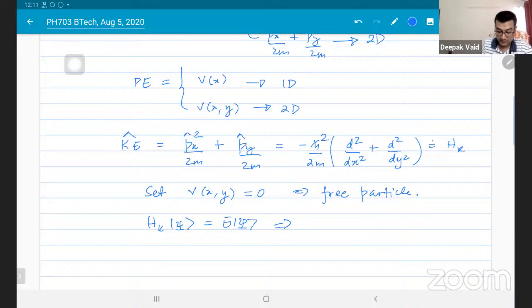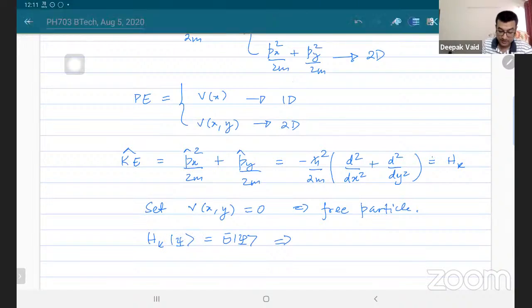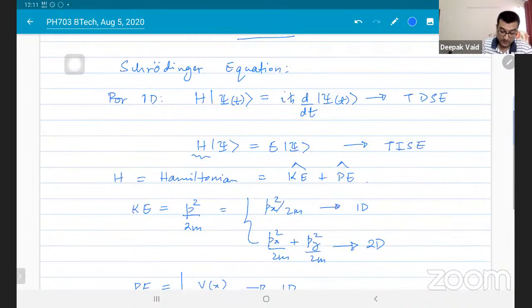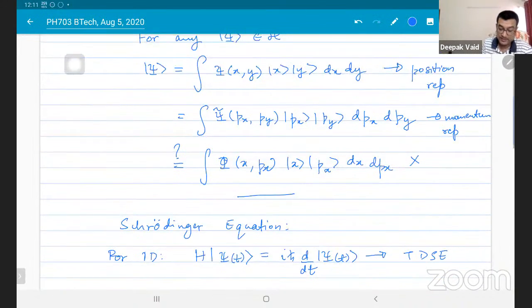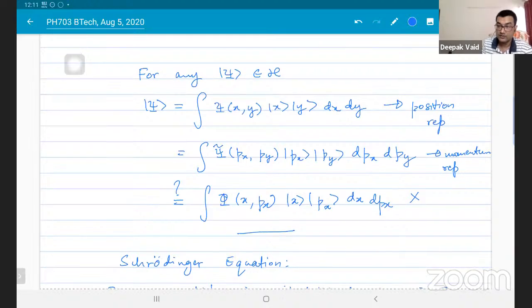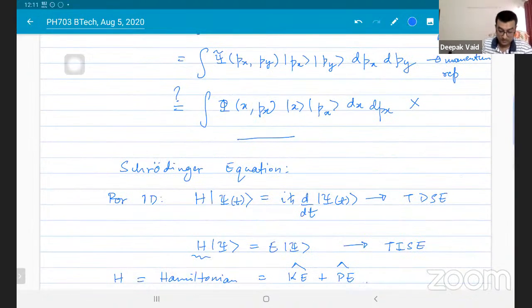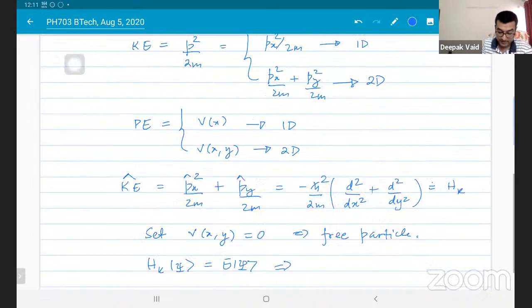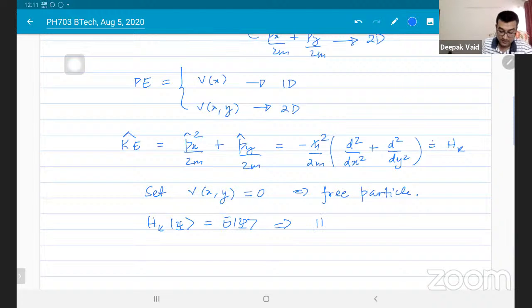This psi is written in terms of the position basis, and then the operator acts on the psi component, right? This can be written as Hk acting on psi of x, y is equal to E psi of x, y. So this is the form that you are familiar with, right?